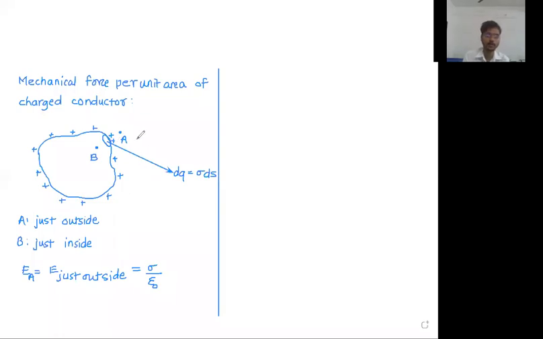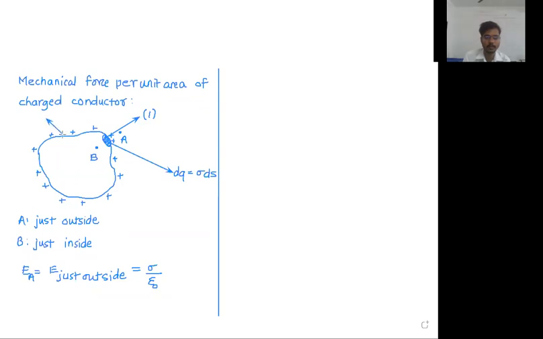Now we will divide this total conductor into two parts. This very small portion, shade it; it will be called conductor 1, and the remaining part of the conductor will be called conductor 2.